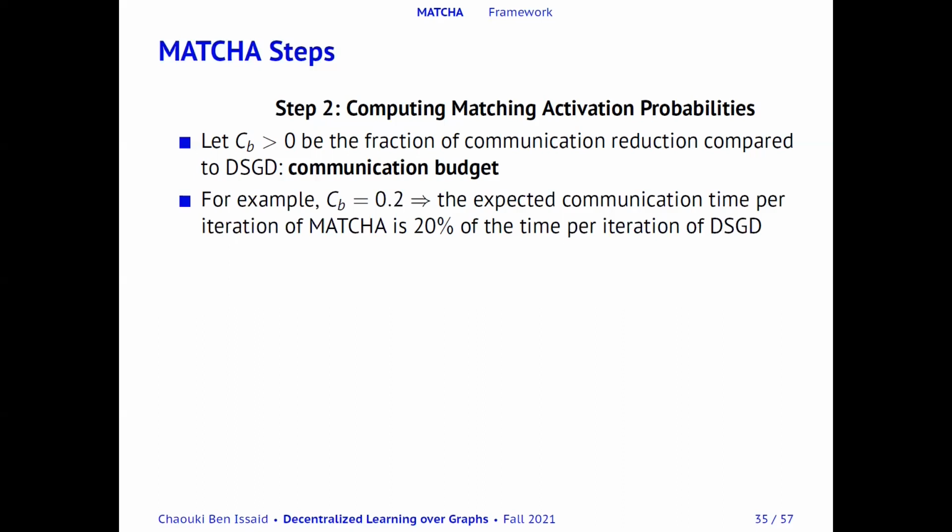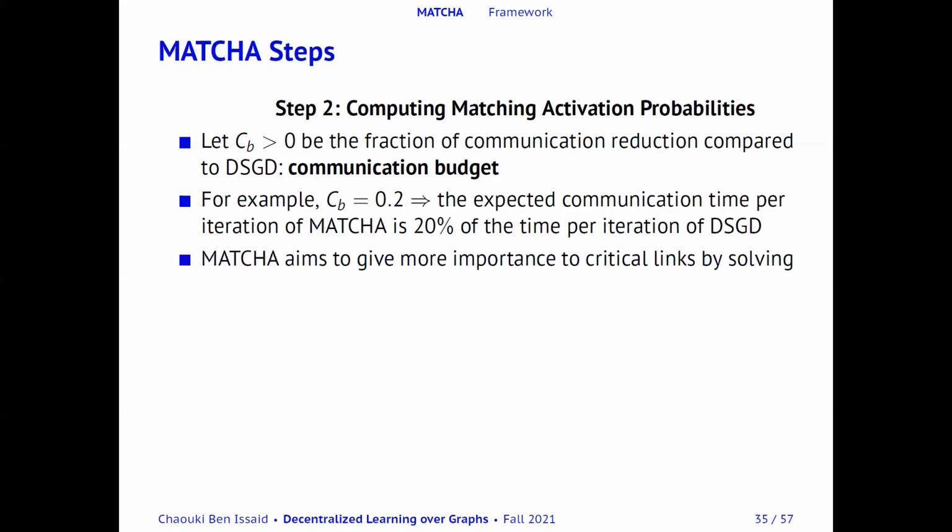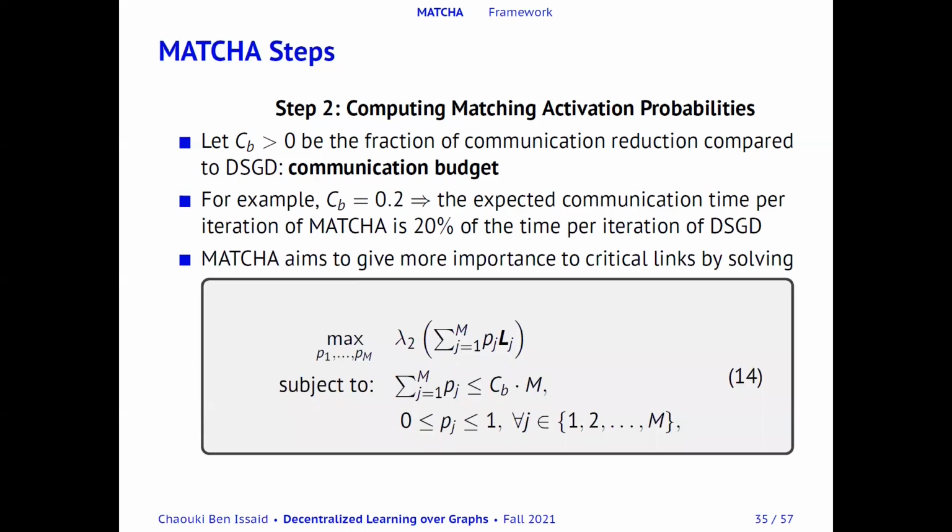Since Matcha aims to give more importance to critical links, it solves the following optimization problem given by equation 14. The objective function is the algebraic connectivity of the Laplacian of the expected graph, where L_g denotes the Laplacian matrix of the g-th subgraph.